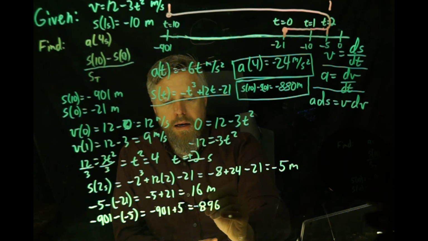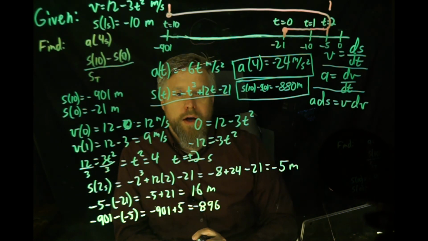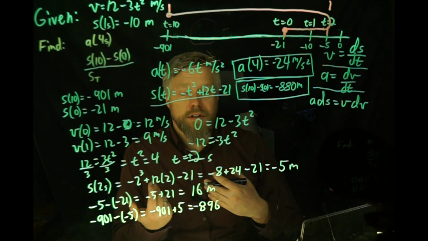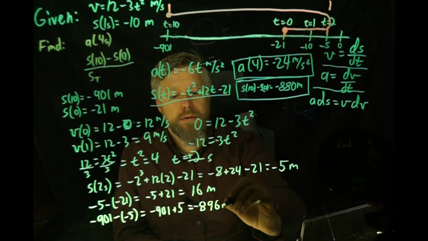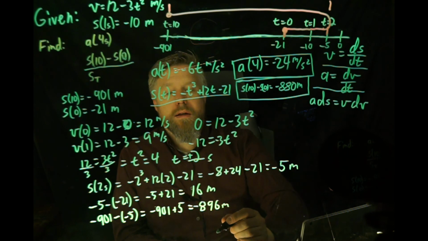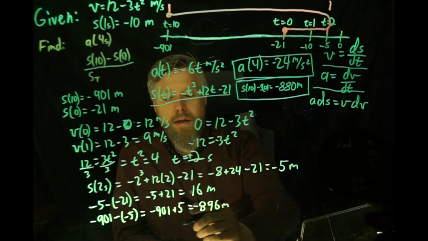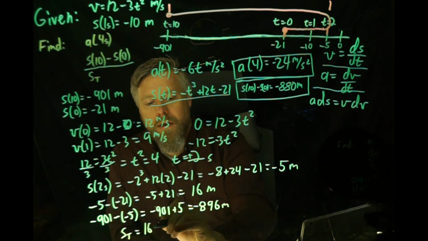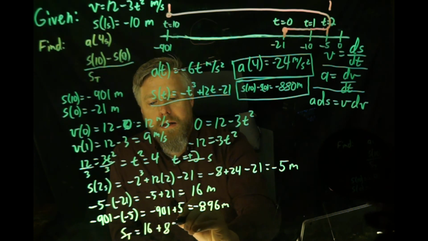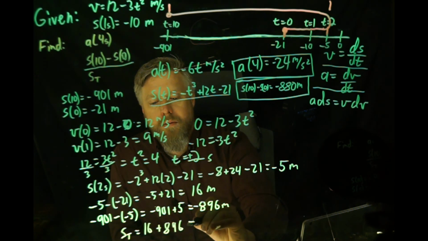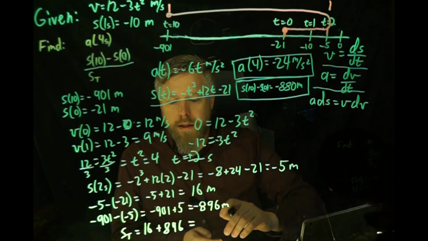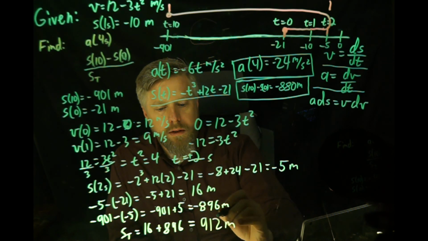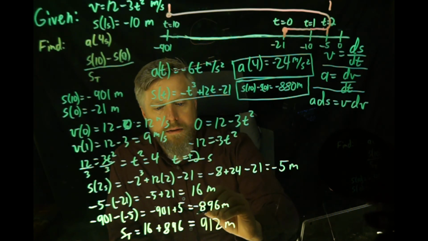Okay, so it's actually negative 896, but that just means we traveled 896 meters to the left. It's still travel. So we're going to take the absolute value of that and add those 2 together. We end up with the total distance traveled equal to 16 plus 896, which is 912 meters. We have our 3 answers.